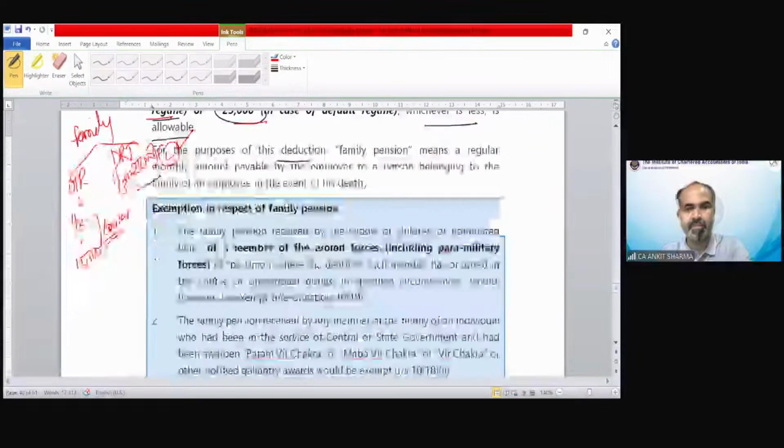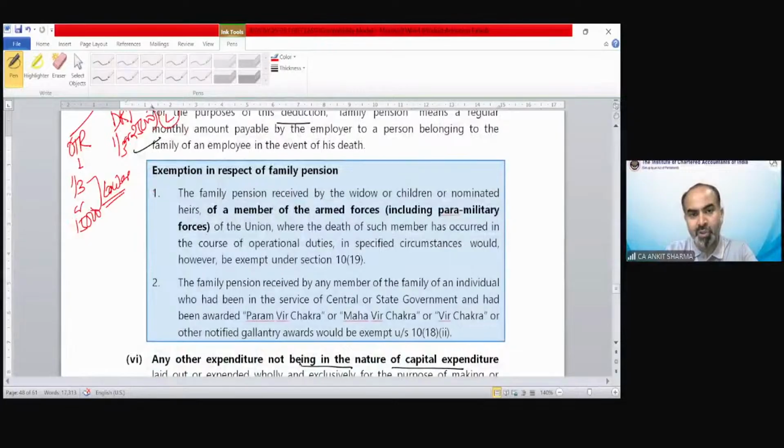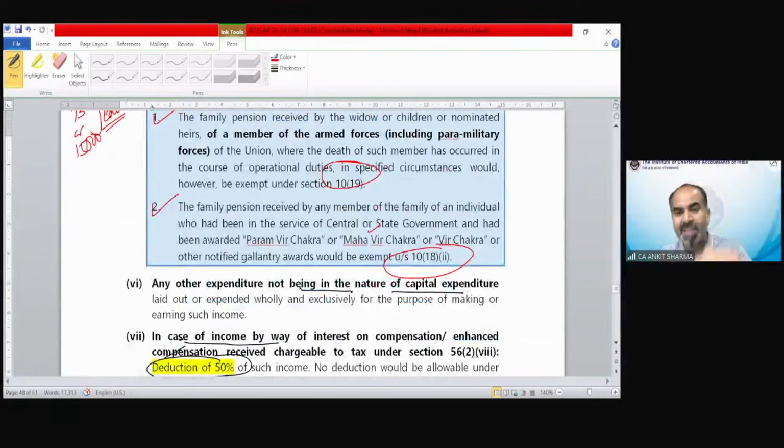Clear? Please go through this provision also. There are certain pensions which are exempted under section 10(18) or 10(18A). For Param Vir Chakra, Vir Chakra, in those cases, these pensions are fully exempted. Family pensions are completely exempted. So please kindly go through these provisions.